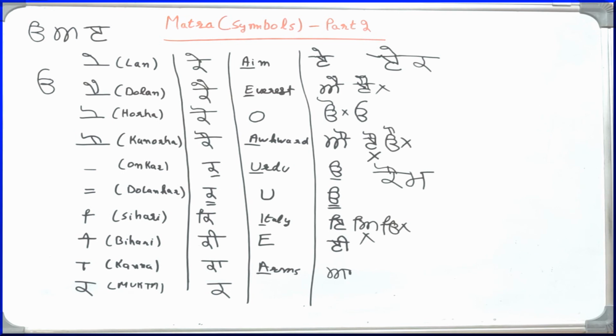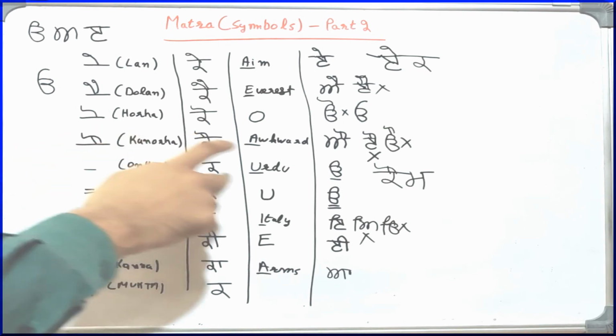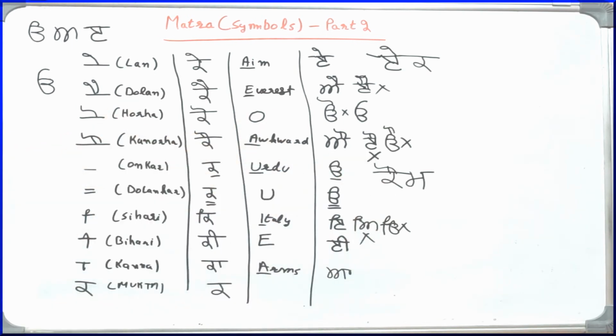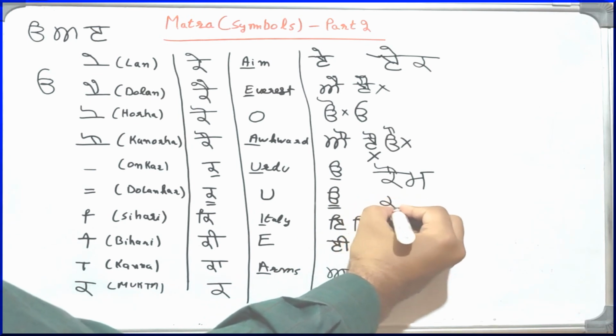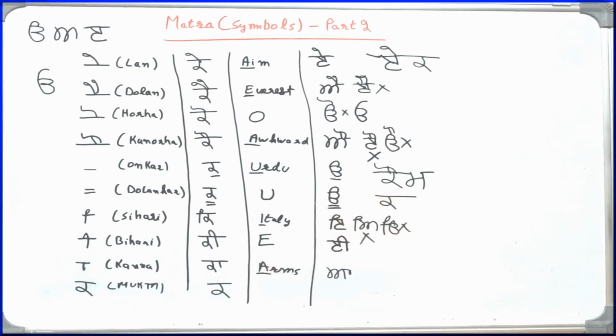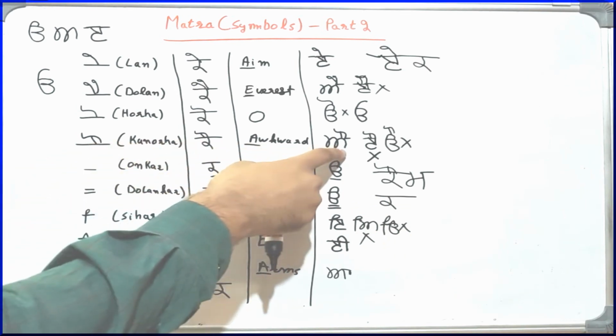Now, we know that the Matra Kanora changed the sound of kakka. So instead of writing calm like this, can we write calm in this way? So I will have kakka. Okay. The sound of Kanora will be represented with this.